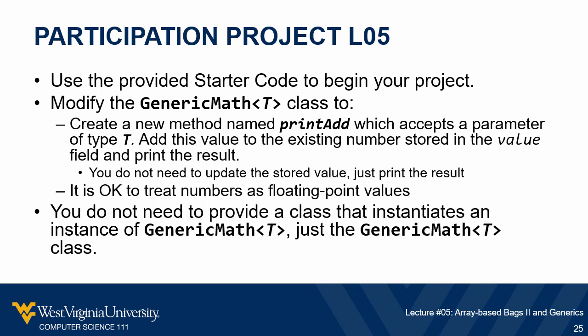One big thing you're going to have to think about here is how you are going to get something from that parameter and from the field that you can actually add together, because by default you can't just add a T-type variable plus a T-type variable. But if you look at the methods that are provided by Number, you'll see there's a method there that's going to allow you to get a floating point representation of that value. That's what you're going to want to add for each of those two values.